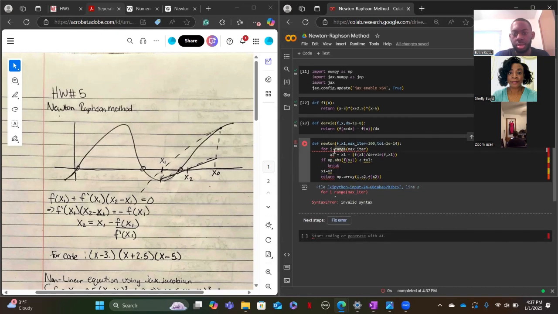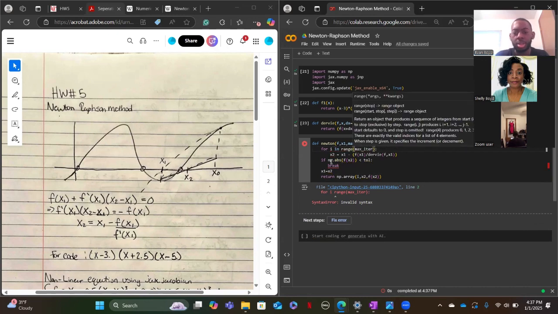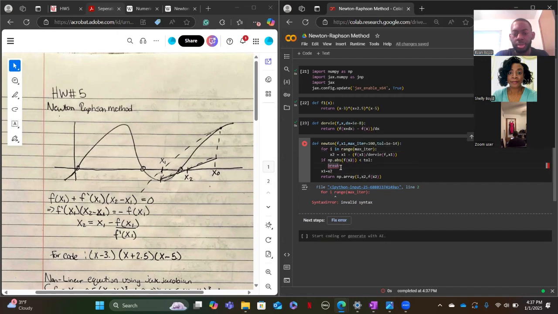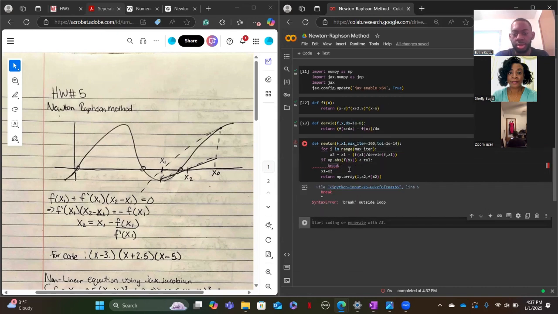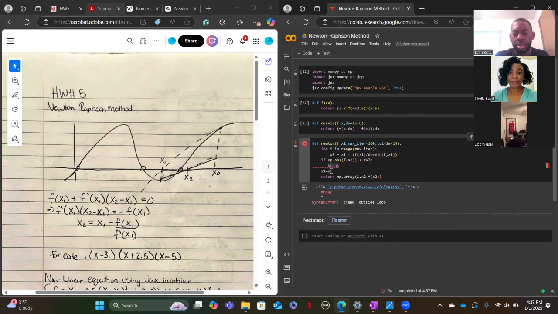Invalid syntax. Is range an invalid syntax? Oh, for i in range. My bad. That's why I was like, what is happening? Okay, for i in range.